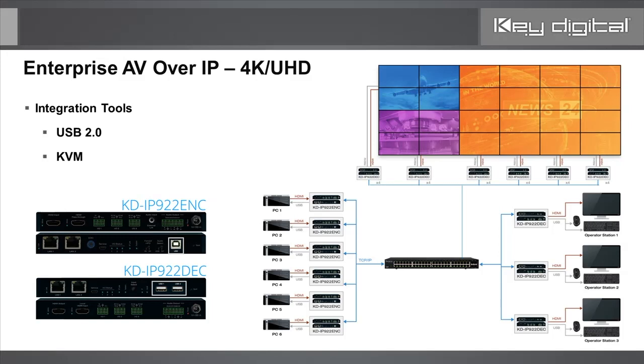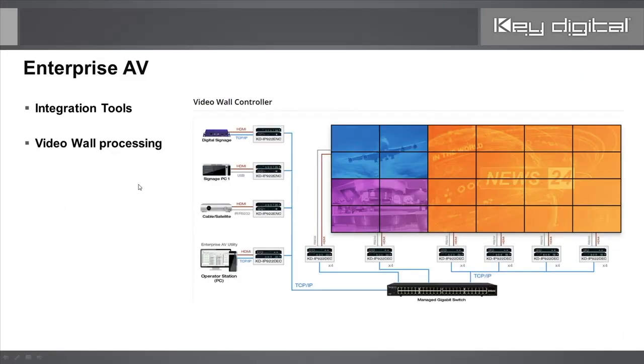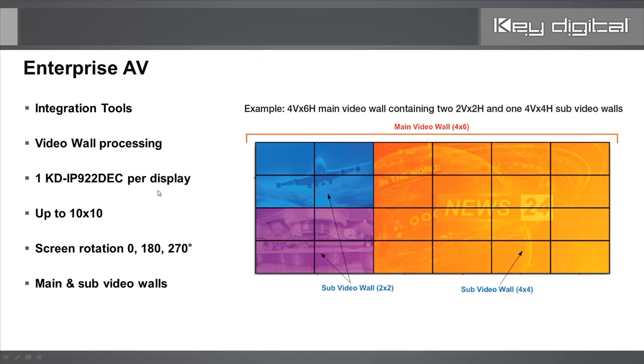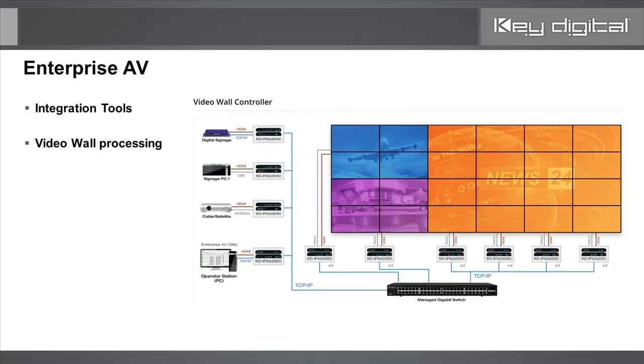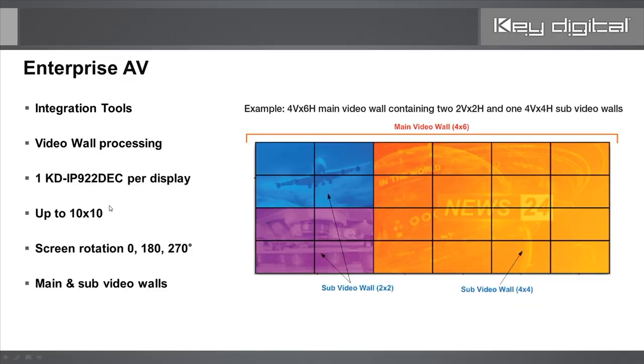And we see here in this operations center that they have a large video wall for viewing. As I mentioned, that is totally built into each IP922 DEC, the video wall processing feature. You just need one decoder per display. You can build a video wall that is up to 10 panels high and 10 panels wide.